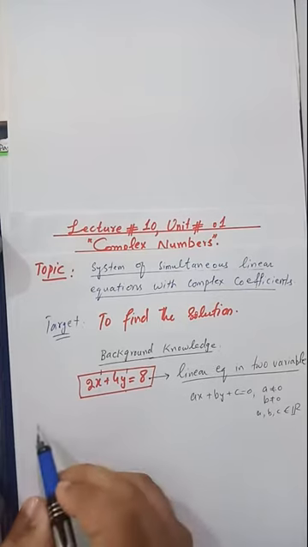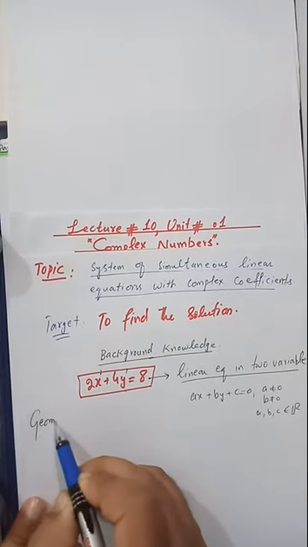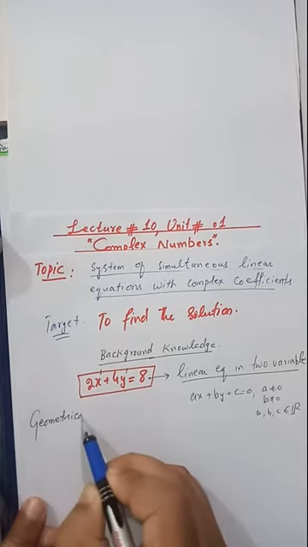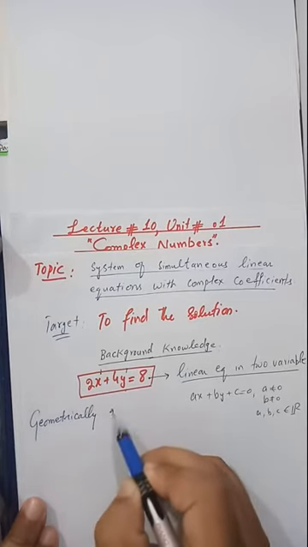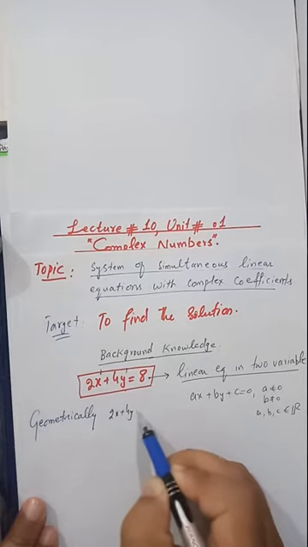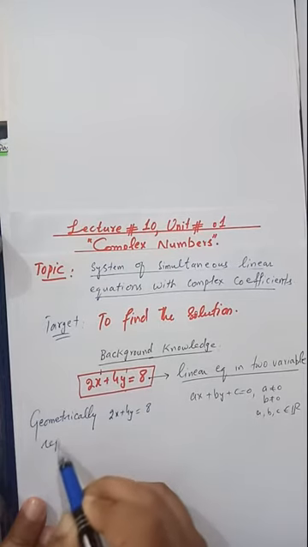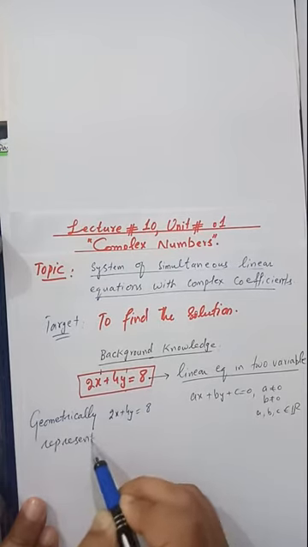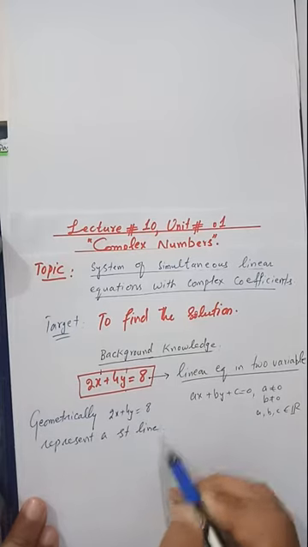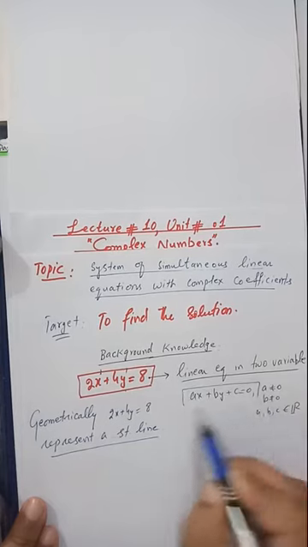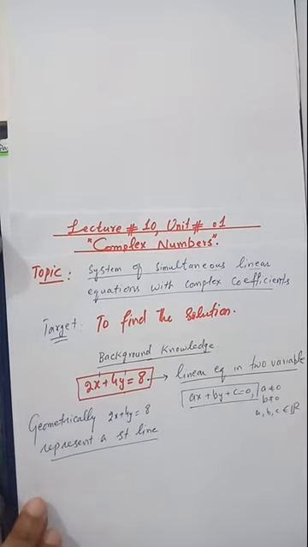So 2x plus 4y equal to 8 represents a straight line, or any type of linear equation in two variable will represent a straight line.